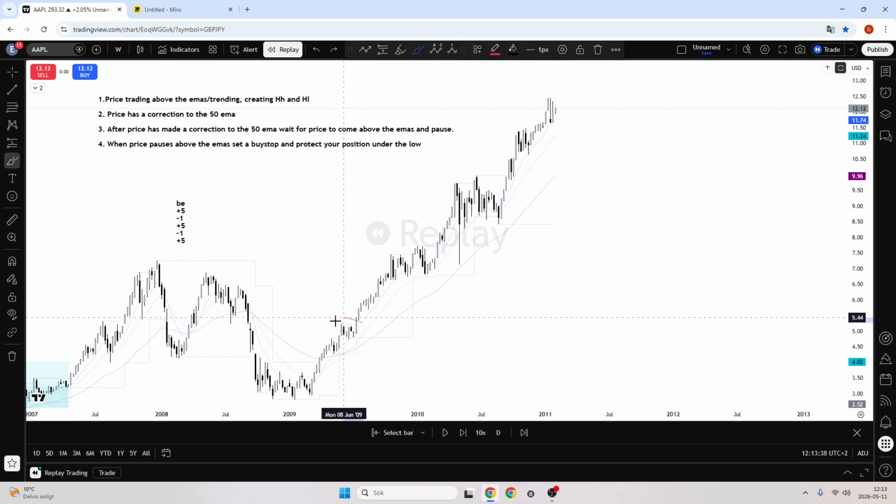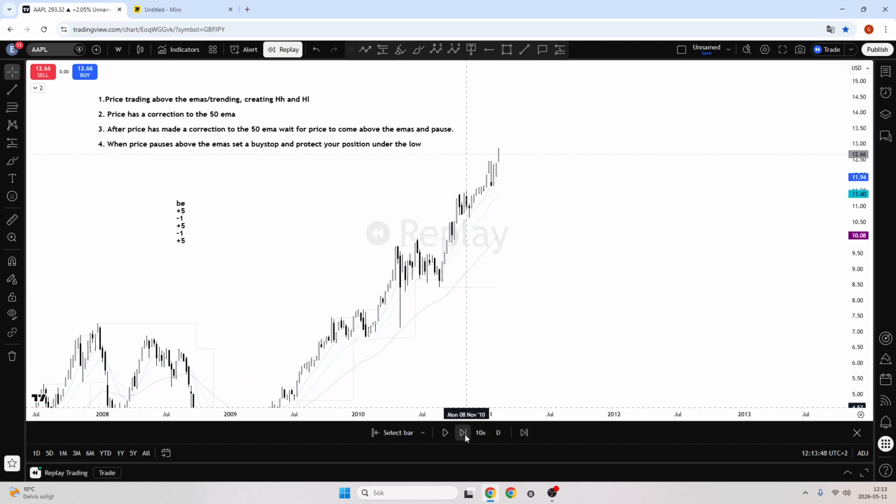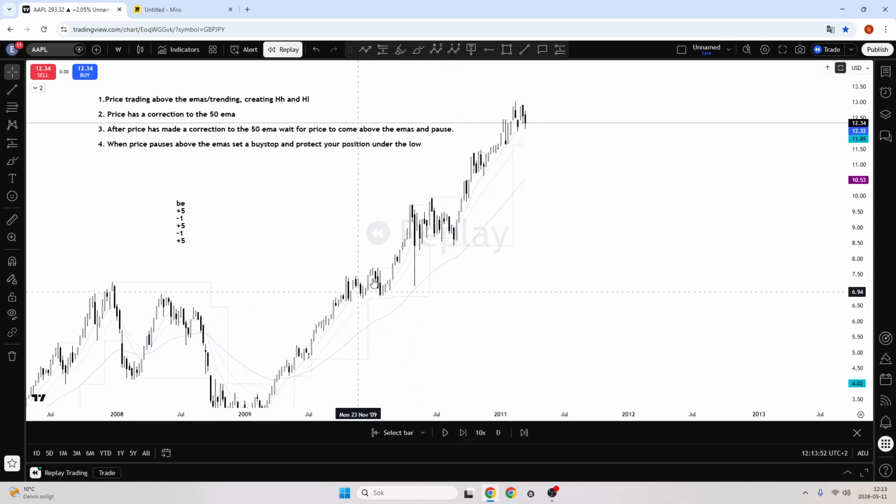So these will be available for our system to be even more profitable, because every single setup right here actually works, as you guys can see.